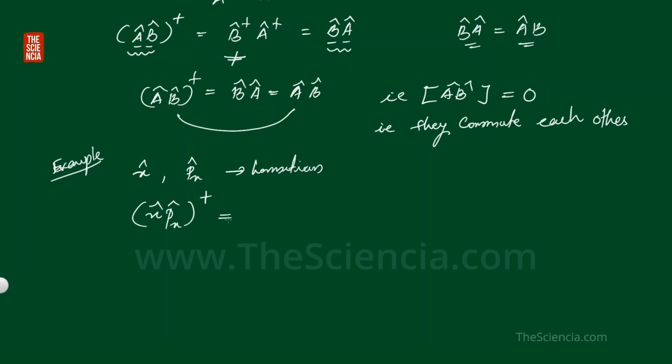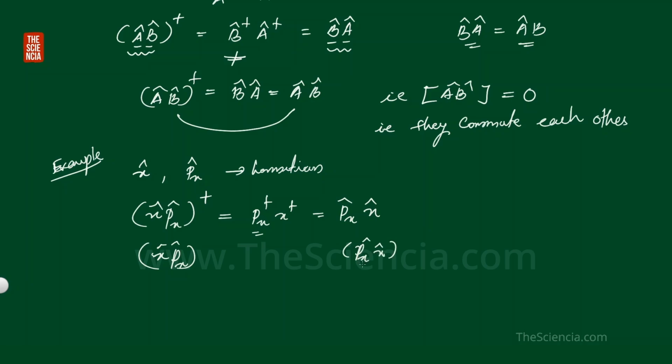So we have to take the dagger, so we will get p x dagger x dagger. We know these are Hermitian operators, therefore p x dagger is equal to p x and x dagger is equal to x. See, here this operator is xpx, right? Here this operator is pxx.